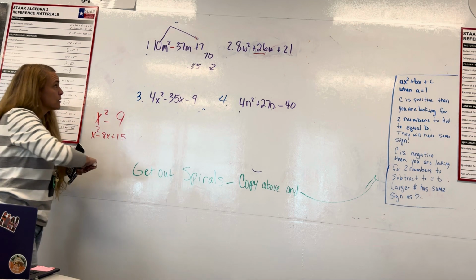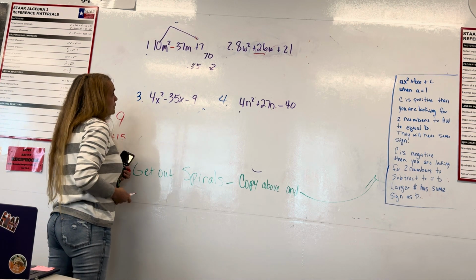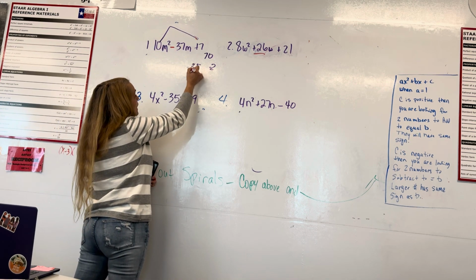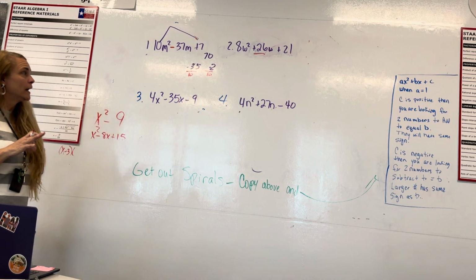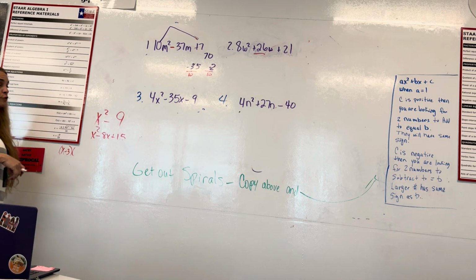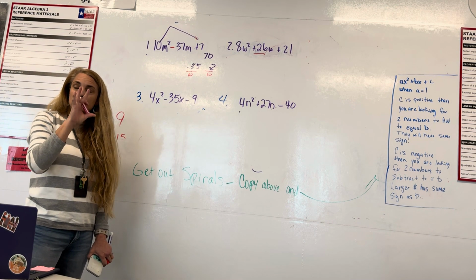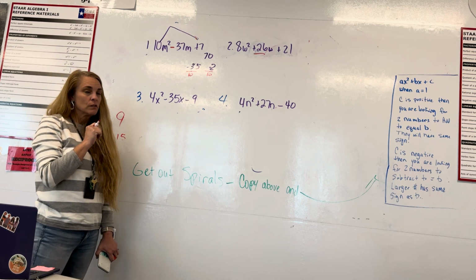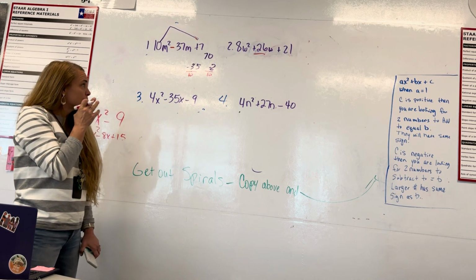So our next step is to take the coefficient, the a, the number in front of x squared or m squared, and you're going to divide, and then reduce. If you need your calculator to do that for you, you do alpha x, or alpha y equals if you have an older calculator like mine, and it'll give you a fraction.